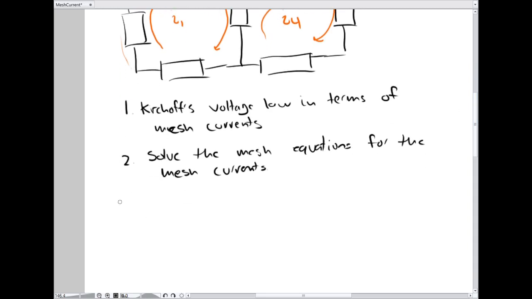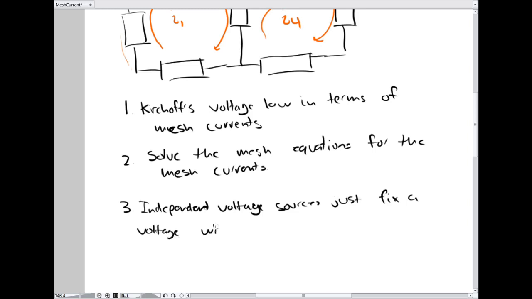Just like in node voltage, where if we're given an independent current source, then that just specifies a current within Kirchhoff's current law, independent voltage sources just fix a voltage within Kirchhoff's voltage law.